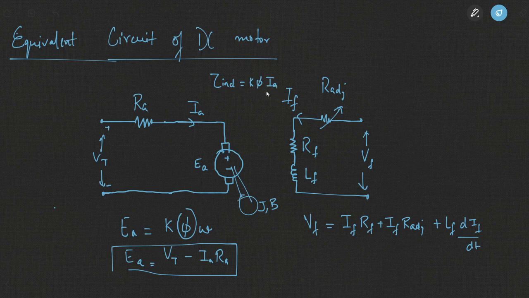Fine. Now, before we study the different types of motors in detail, we will understand the magnetization curve of a DC machine.